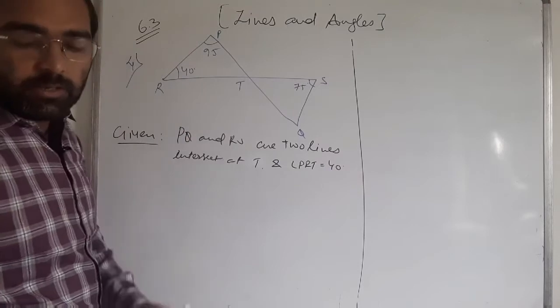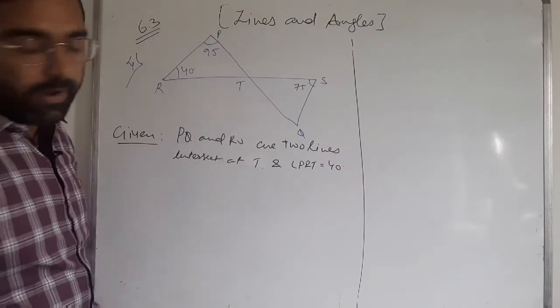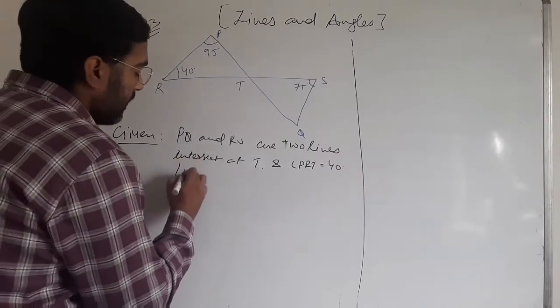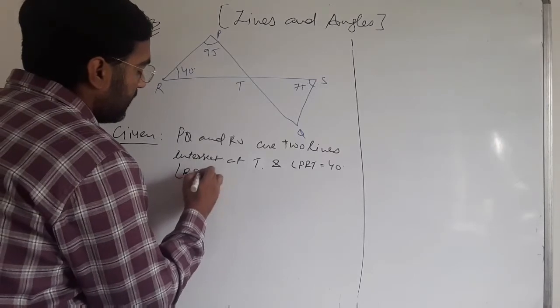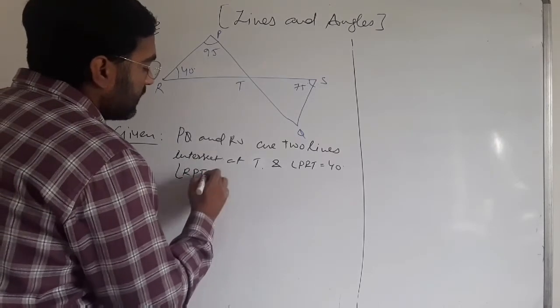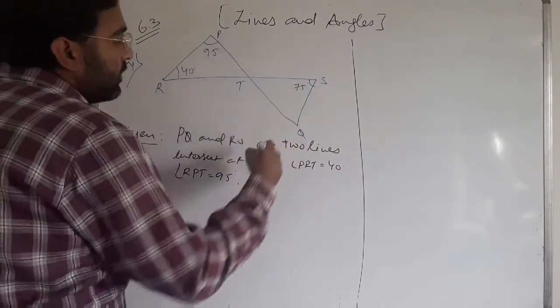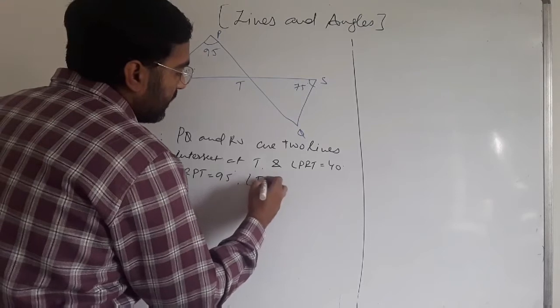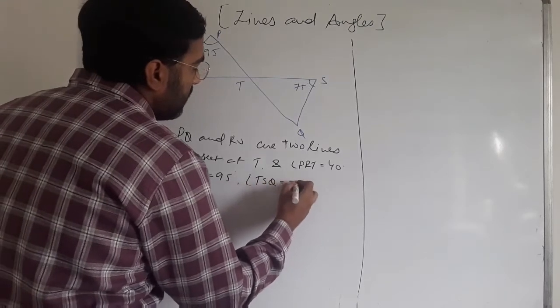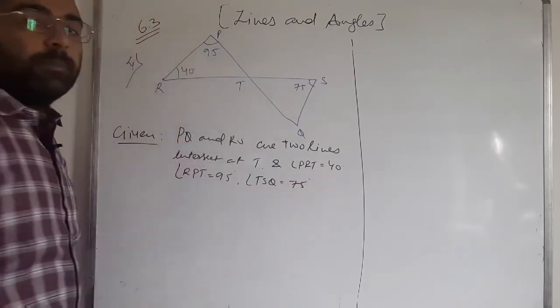Angle RPT is 95 degrees, and angle TSQ is equal to 75 degrees.